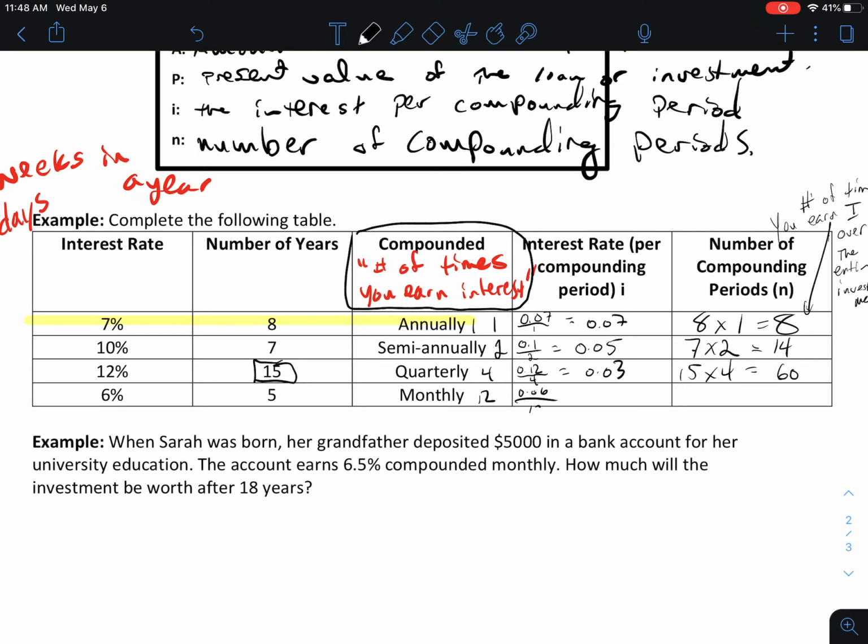So this is once, this is twice, this is 4 times. Monthly is going to be 12.